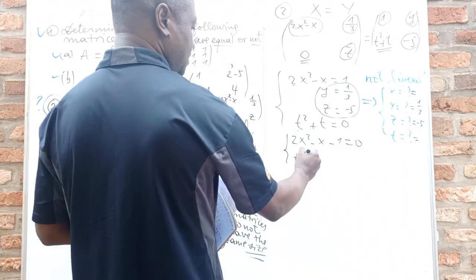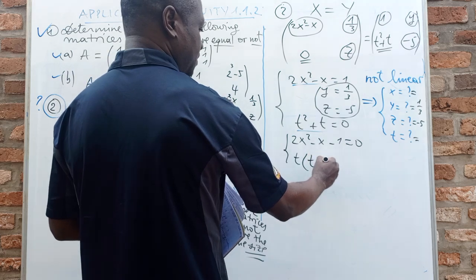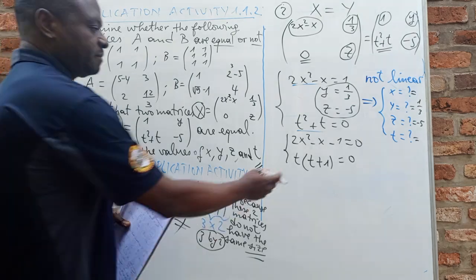In the second, I can factor out t, so that I'm left with t times (t plus 1).